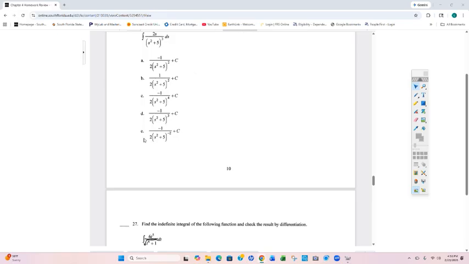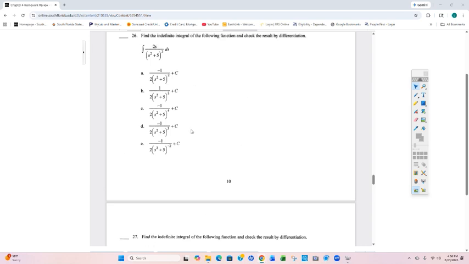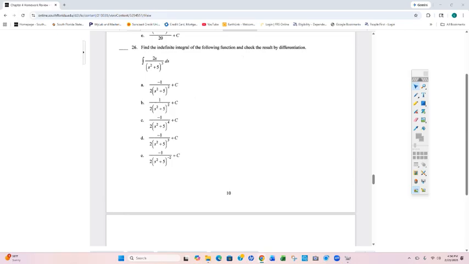E, in the numerator, -1. In the denominator, 2 times, in parentheses, s squared plus 5 to the -2 power, plus c. Correct answer on number 26 is A. That is from section 4.5.